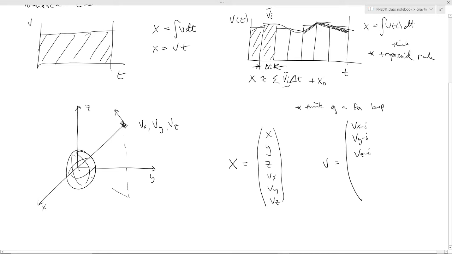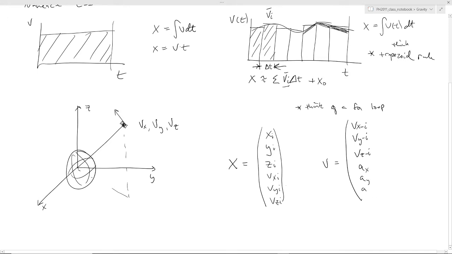So let me be more clear here. Let's call this xi. So the velocity vector would be made up of the velocities that correspond to x, y, and z from the previous iteration of the loop. So you can imagine that being here. And then for the accelerations, we would need to use Newton's law of gravity.